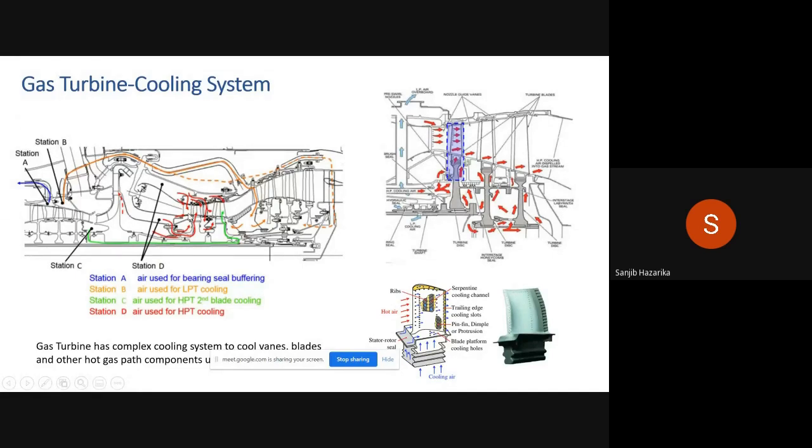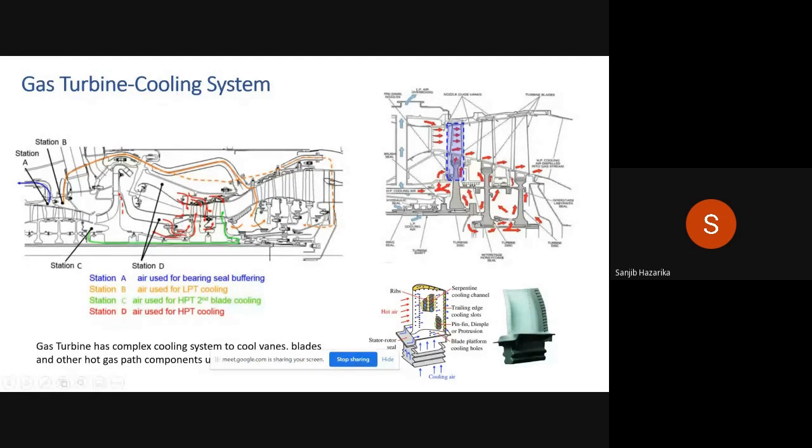Typically, some part of the compressed air from the compressor is used to cool different sections of the gas turbine, especially the turbine section. It is extracted from different points of the compressor, depending upon the requirement, at what pressure it is required, and how much cooling is required.